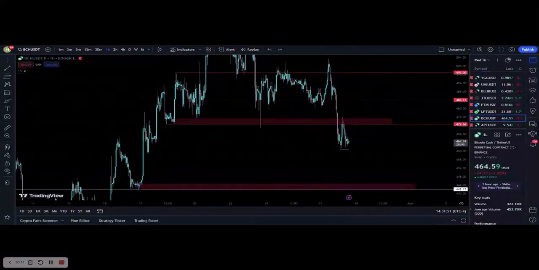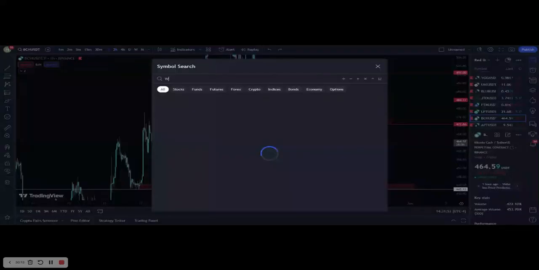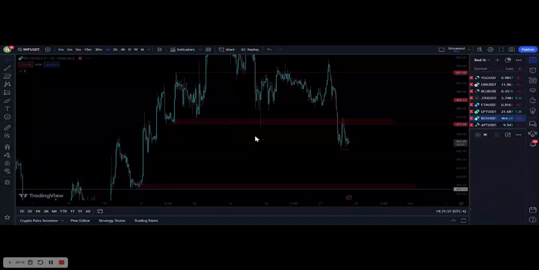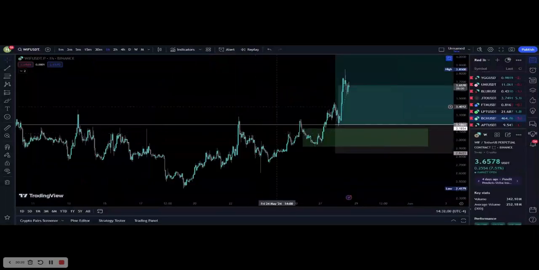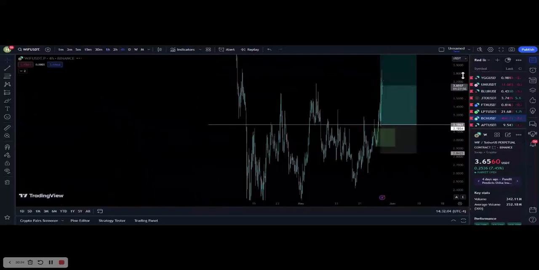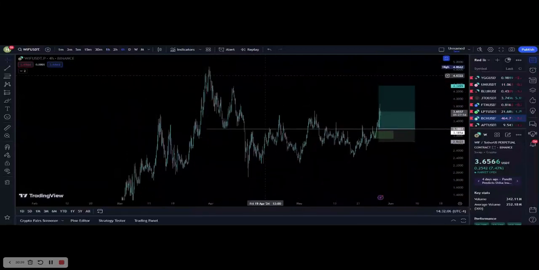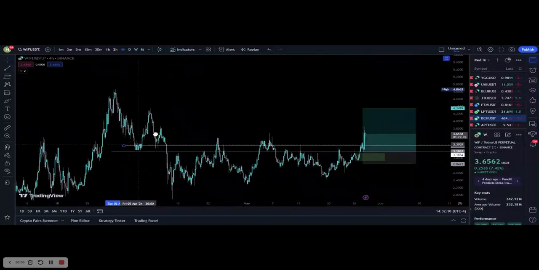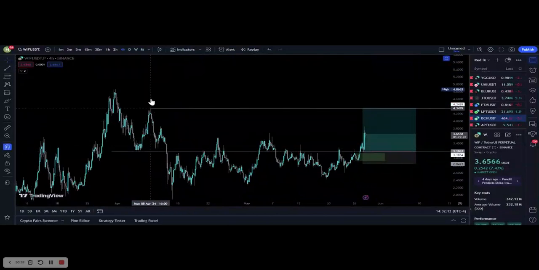So one of the most requested coins are meme coins nowadays. So let's do WIF. All right. So similar to that, same approach again and again. Range low.